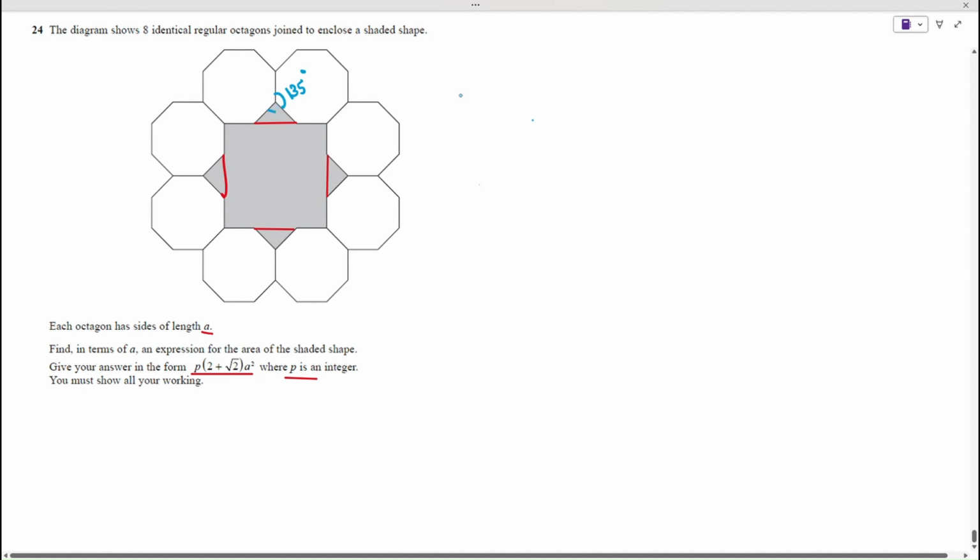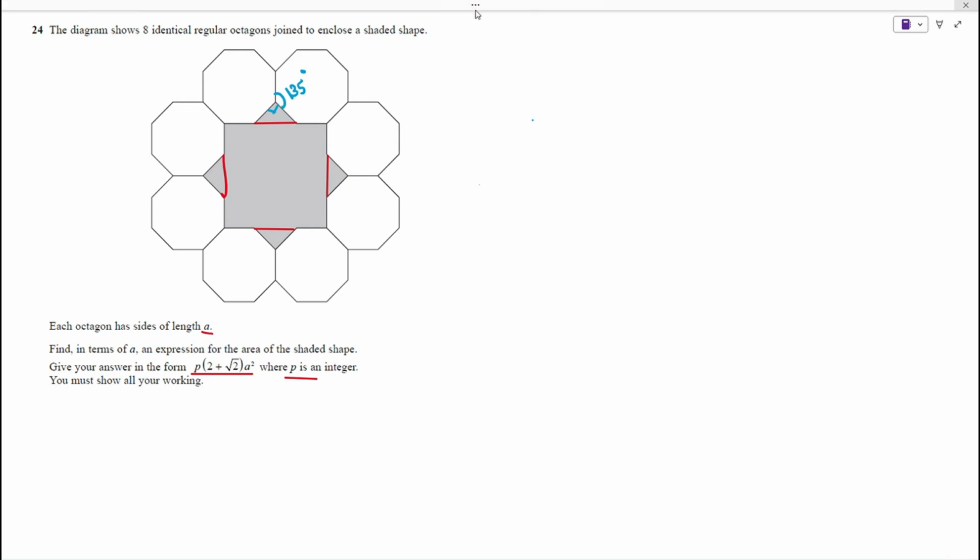So we can start off by finding the area of our triangles. We're told that the sides of the octagon have the side length of A, so we can label our 2 sides A and A. Since our triangles here are right angle, our base value is A and our height is also A. So for the area of our triangle, we can use the equation half times base times height.